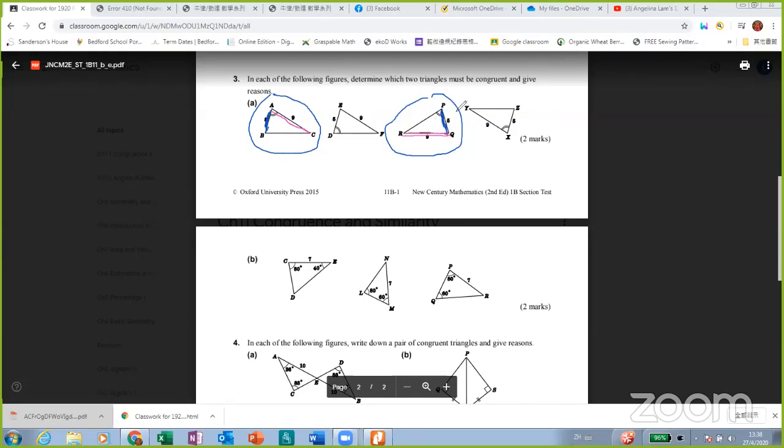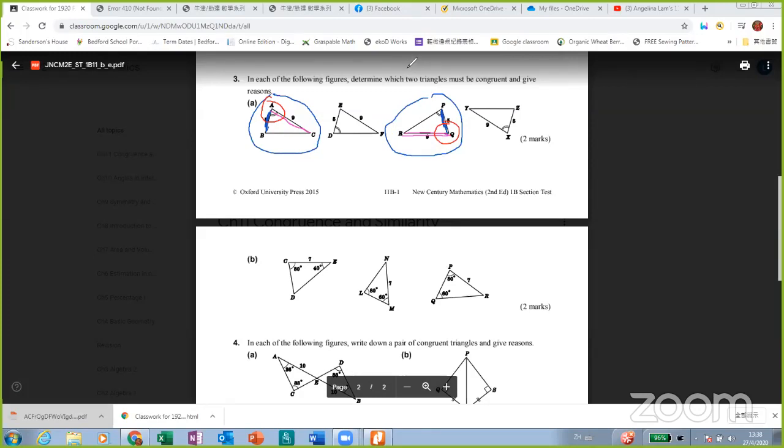I have no information of any angles. This one and this one should be in a pair, but not enough information. Therefore in this case, I cannot tell whether these two are congruent.